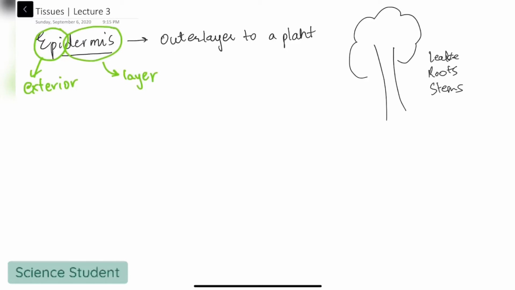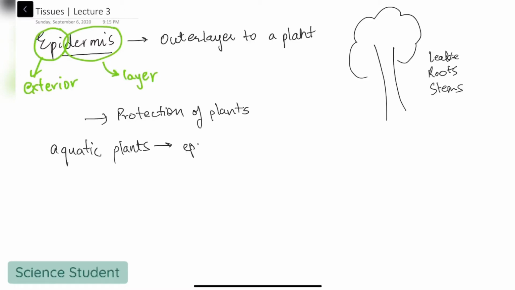The main function of epidermis is protection of plant cells. In some plants, like aquatic plants, the epidermis is surrounded by a waxy layer to prevent loss of water.